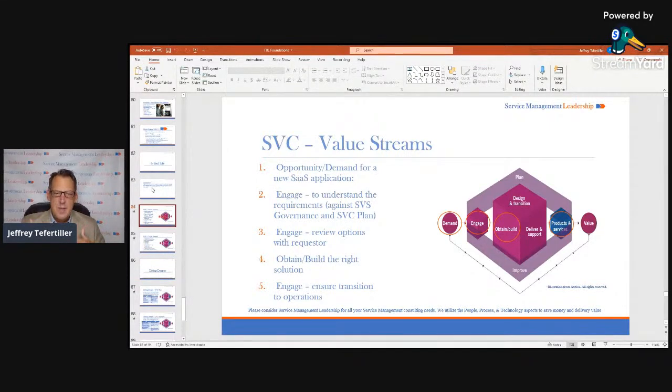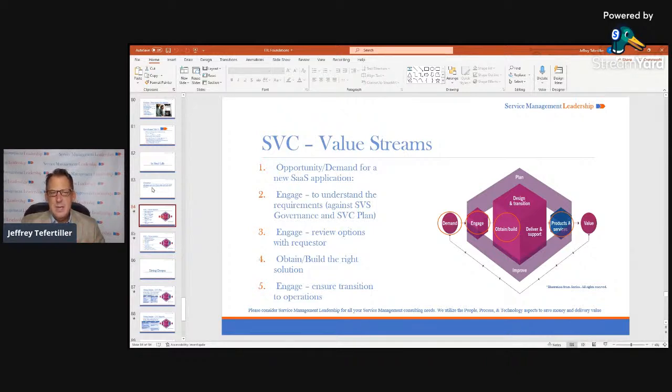We engage with our business people to get requirements, but we also might engage with other business units internal, like finance or security. We'll work within the plan and improve and look at how do we obtain and build the right parts for the solution.